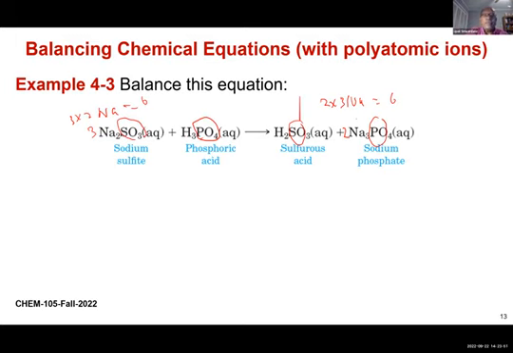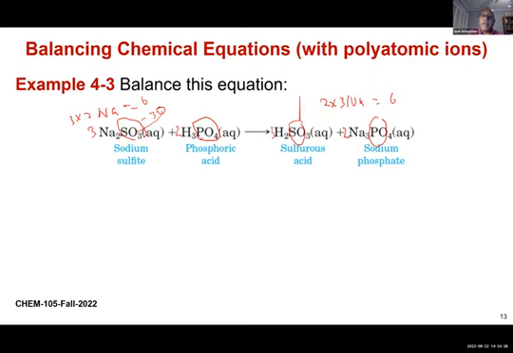When you put 3 here, sulfate becomes 3 sulfates. There are 3 sulfate groups, this group. Therefore, there's only 1 here, so you have to put a 3 in front of it. Now you check the phosphate. Phosphate is 2 here. Therefore, put a 2 in front of here.